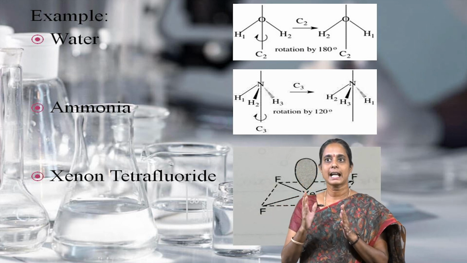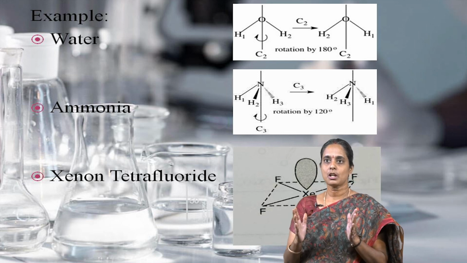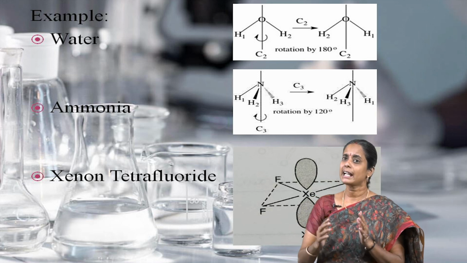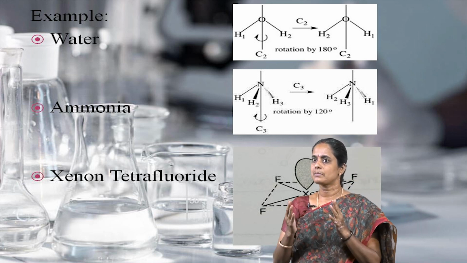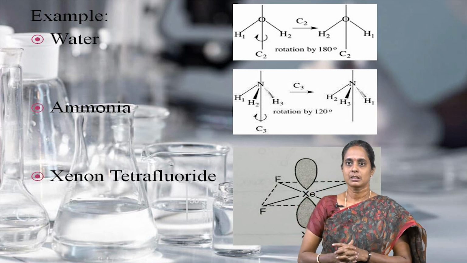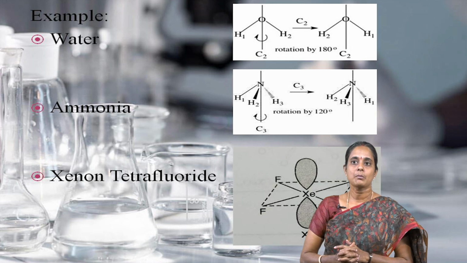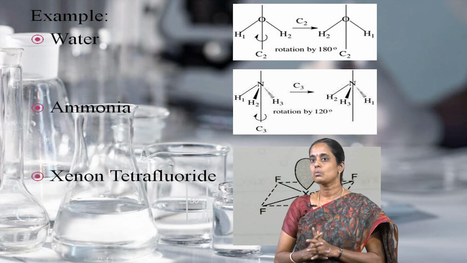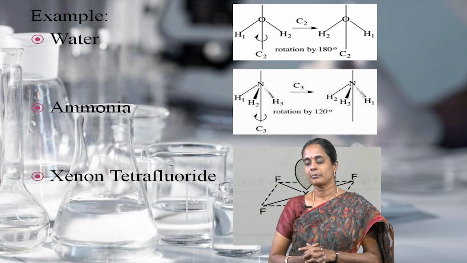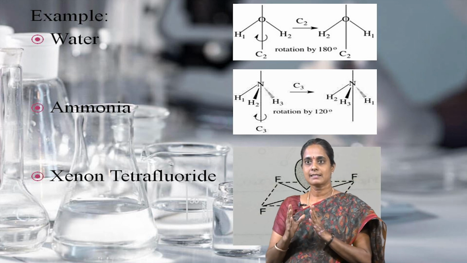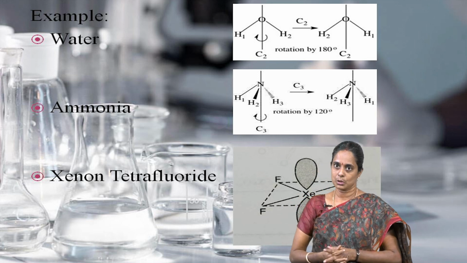Suppose you rotate it by 90 degrees, the position of the hydrogen atoms is replaced. So again, in a 180 degree rotation, it comes back as the same molecule. In the same way, ammonia has a C3 rotation, that is a 120 degree rotation, about the axis, which gives us the same molecule.